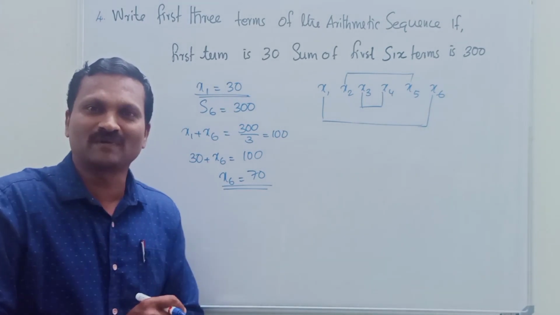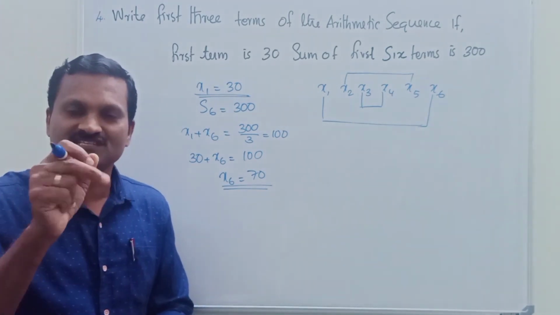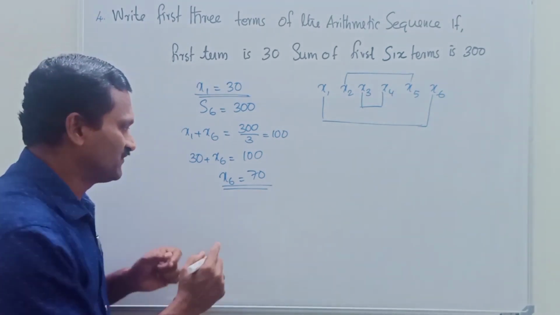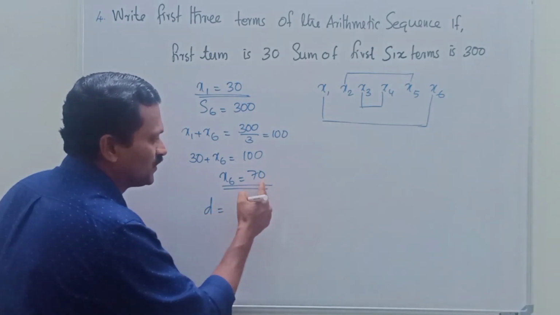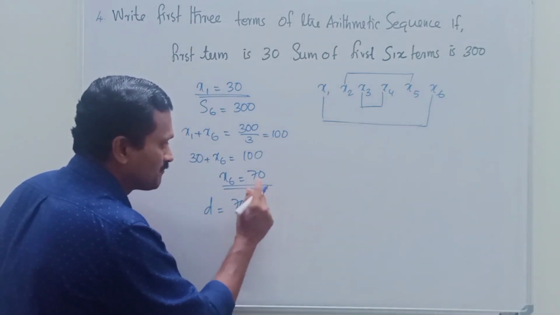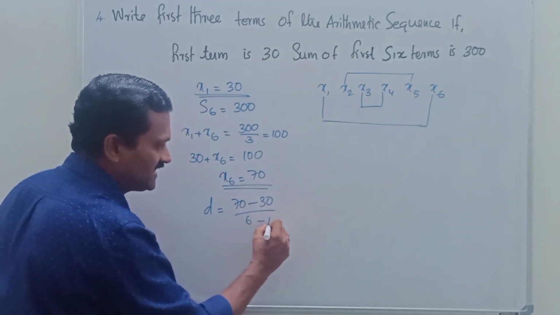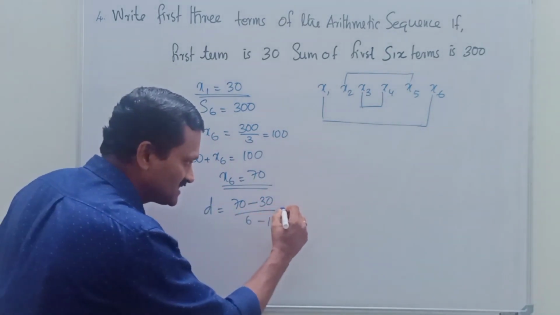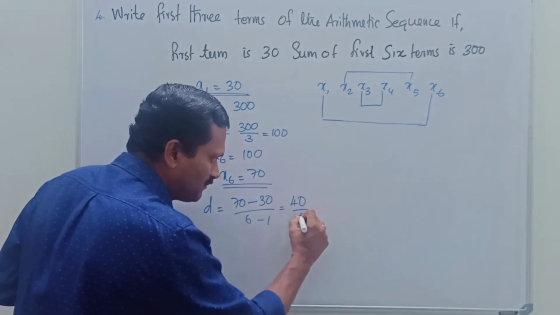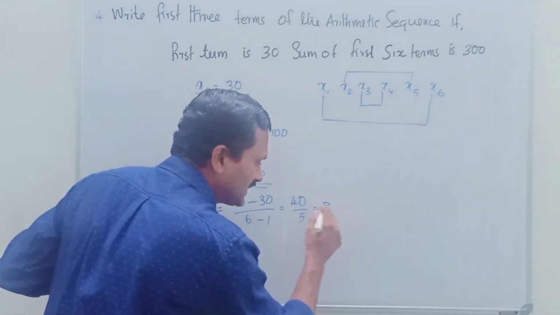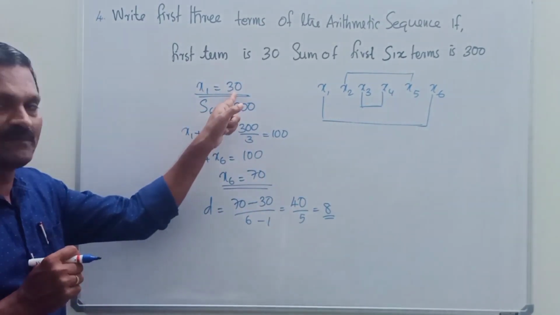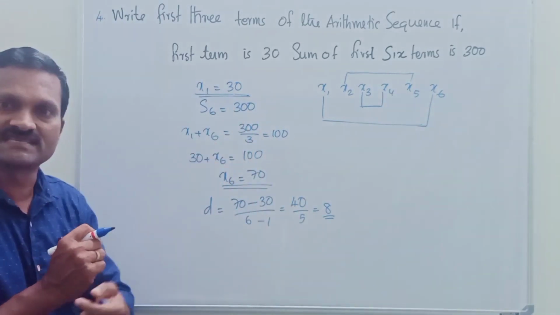How to find the common difference? Term difference divided by position difference. That is d equals x6 minus x1 divided by 6 minus 1, that is 40 divided by 5, which equals 8. Here the first term is 30 and the common difference is 8.